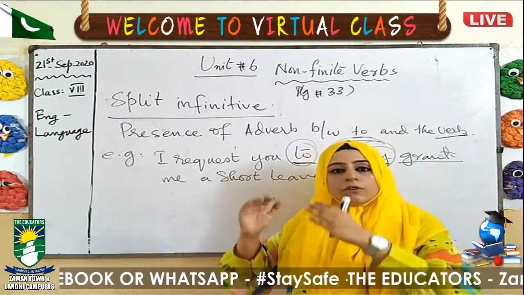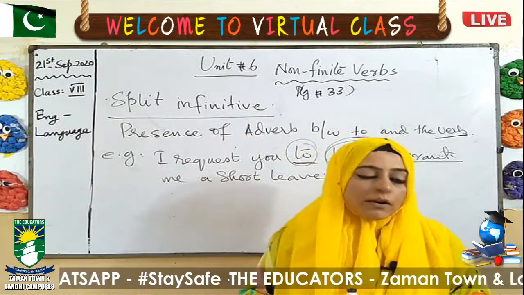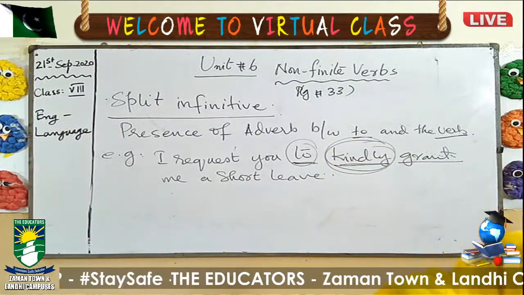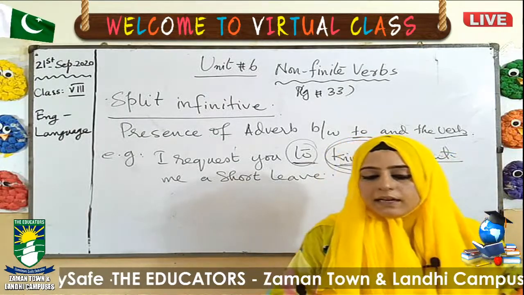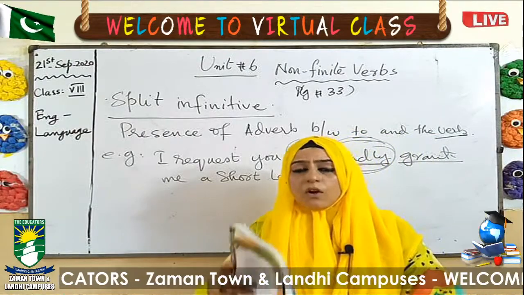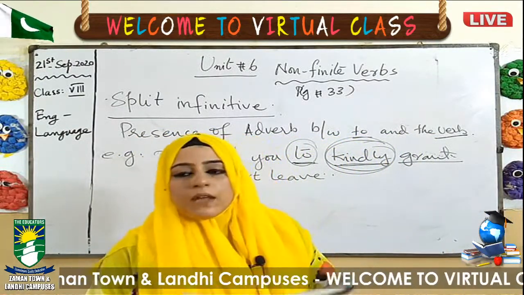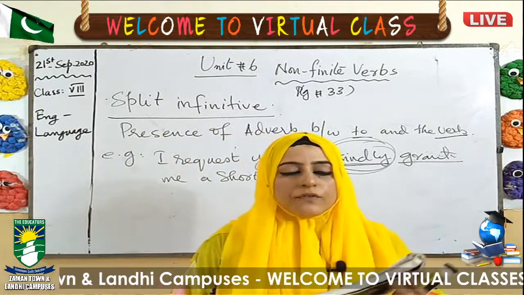Clear? So that was all about the lecture. Now come to the homework, how you have to solve it and what you have to do. Make a neat and clean title page using a black and blue pen for this unit 6, non-finite verb. Then you will write the definition of non-finite verb.